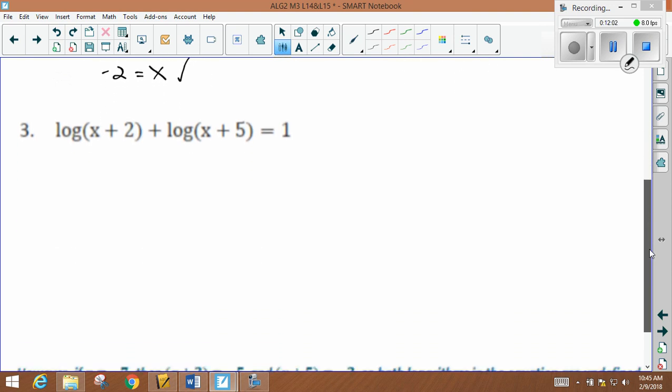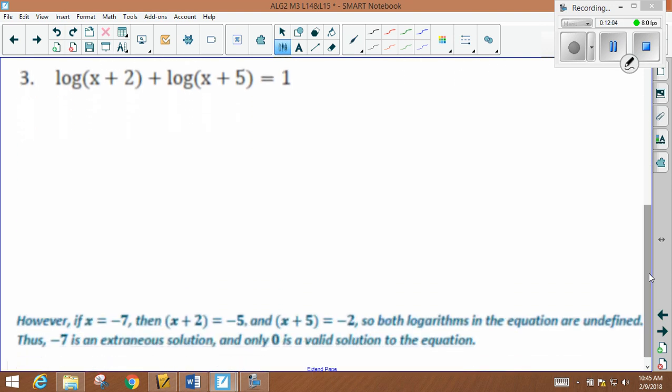Okay, let me move along. Okay, remember what I said step 1 was? I said step 1, make sure there's only one logarithm on each side, right? Each side can either have a number or a logarithm, but it can't have more than one logarithm. So that means that I got to combine these.